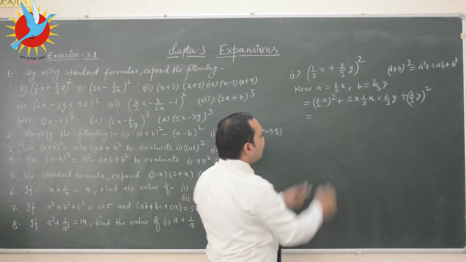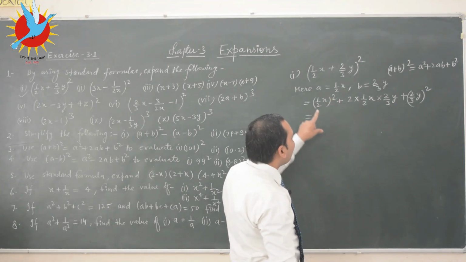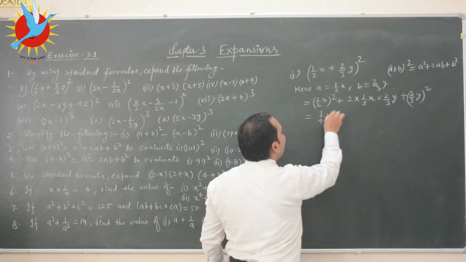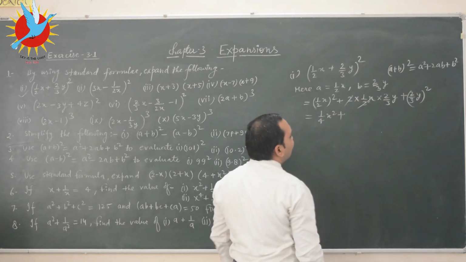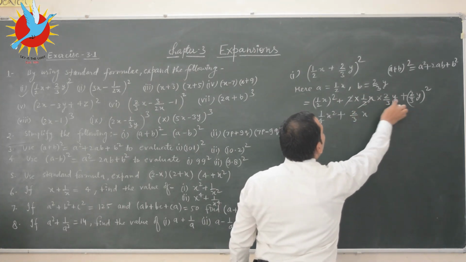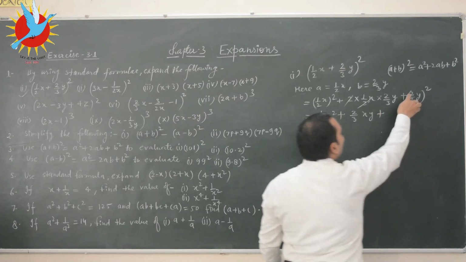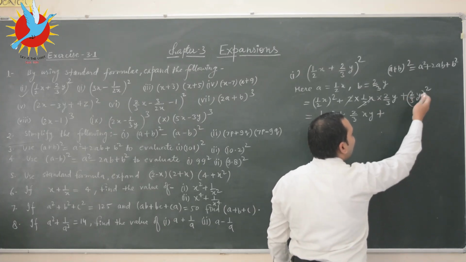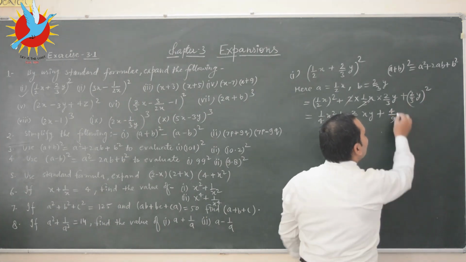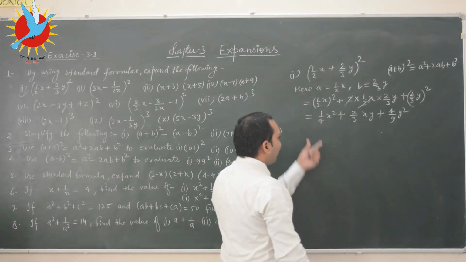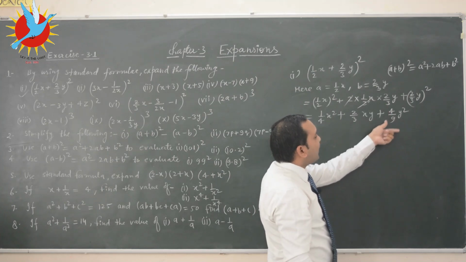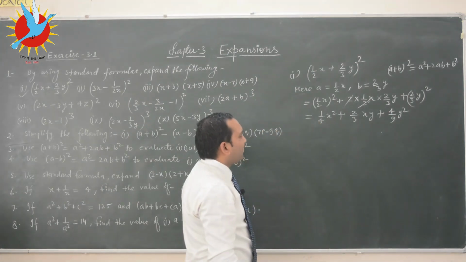So what is the value of 1 by 2x whole square? 1 by 2 whole square means 1 by 4x square, plus 2 and 2 cancel, 1 into 2 is 2 upon 3, x into y is xy, plus 2 by 3 whole square, first we square the fraction, so 4 upon 9, and y square. So the value is 1 by 4x square plus 2 by 3xy plus 4 by 9y square.